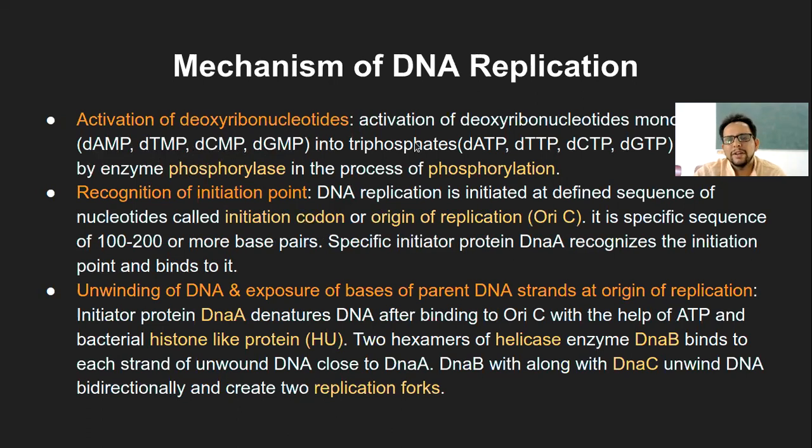They get converted into triphosphates, which are called deoxyadenosine triphosphate and so on, using ATP as the source of the phosphate group. This reaction is catalyzed by the enzyme phosphorylase, and this process is called phosphorylation, which means addition of a phosphate group. So that is the first stage.